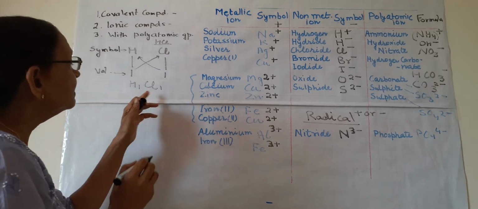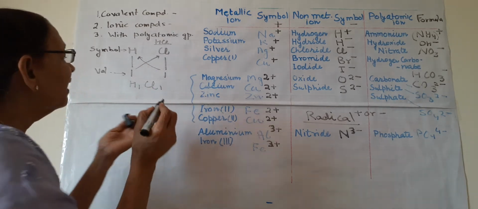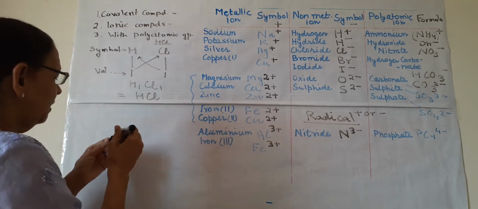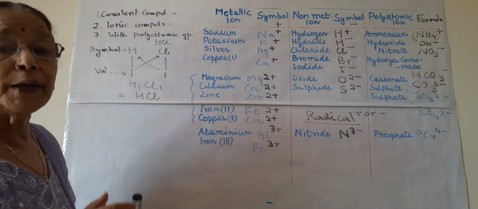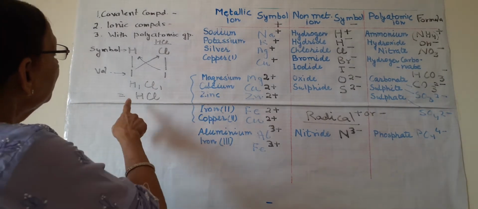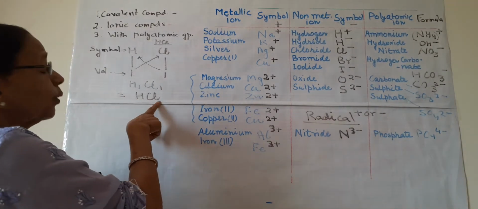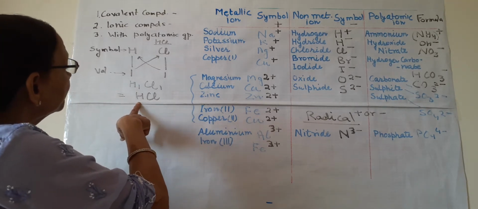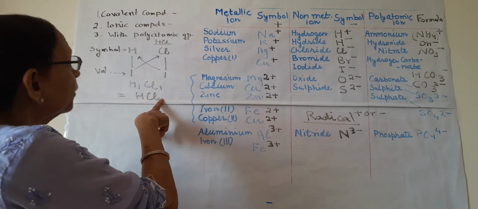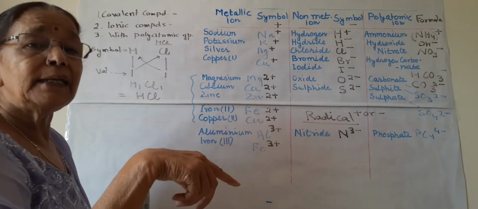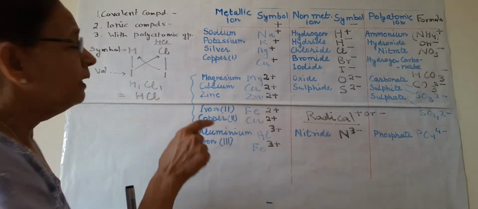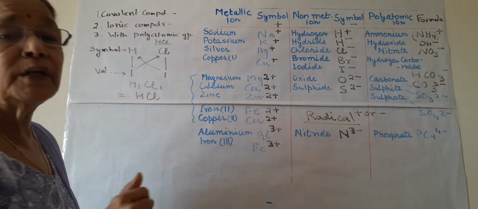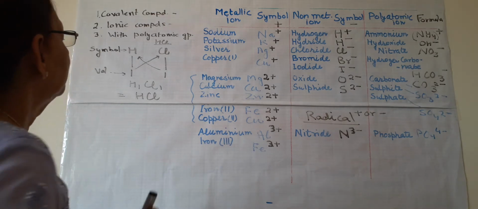But when 1 is there, we generally don't write 1, we simply write HCl. So this is the formula of hydrochloric acid, or we can say hydrogen chloride. Hydrogen, although it is a non-metal, is written first, and for chlorine, INE is removed and IDE is added: hydrogen chloride. This is generally known as hydrochloric acid.